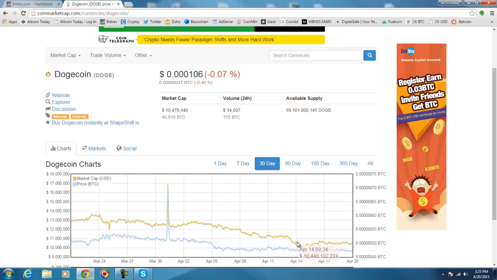That's the market cap line. This is the actual coin price line. So you can see coming back here from April 1st to April 14th, we went from 51 Satoshis down to 48 Satoshis. So Dogecoin's been underperforming on their own price timeline.